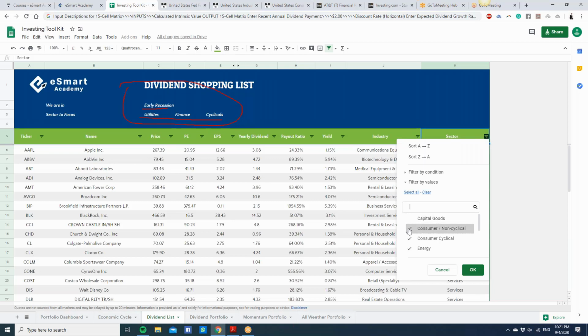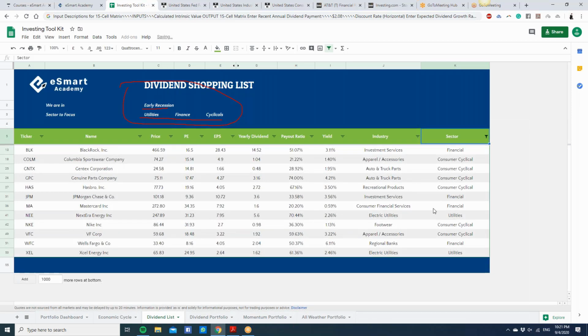All you have to do is click on the sectors that we want to focus on, which is utility, finance, and consumer cyclical, then click OK. It will filter out all the companies, leaving only those within these sectors. That becomes a very quick way to filter: these are the companies I want to be focusing on for this period.